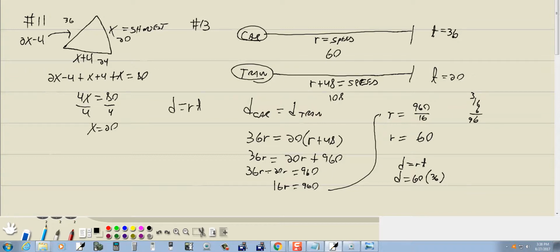Let me think about this. Okay, so what I've calculated is miles per hour. This is 36, but no, that's time.